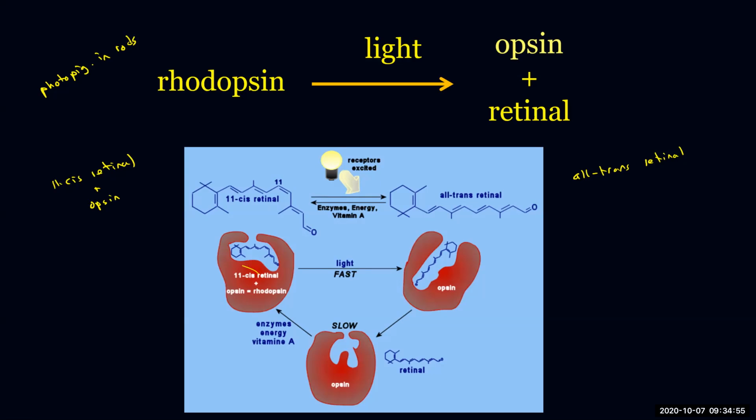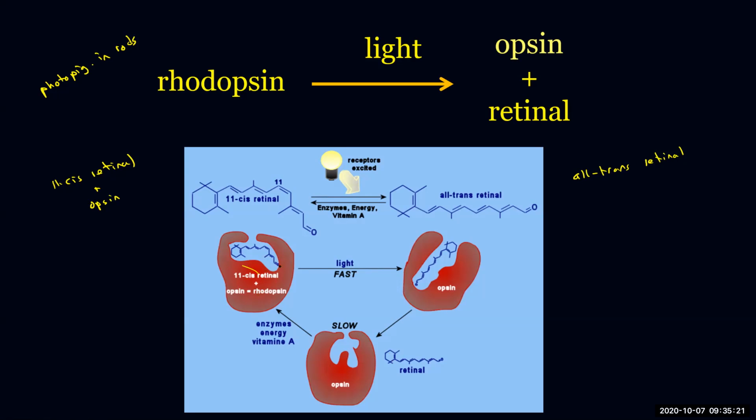You can see the word fast and slow here. So light does this really quickly. So we break it down real quickly. We rebuild it more slowly. You know, we've got tons of this hanging around. So if we're exposed to moderate levels of light, we can draw on our supply. So even though we're rebuilding it more slowly than we're using it, we still have enough to overcome that.